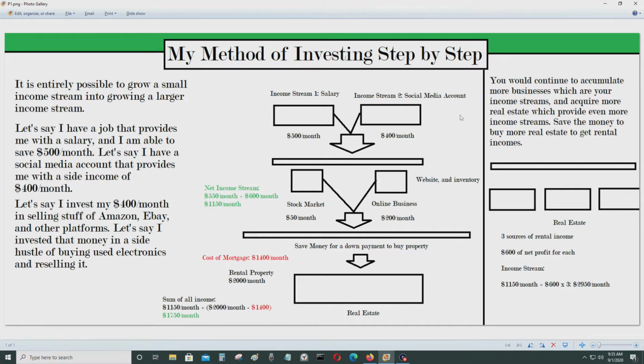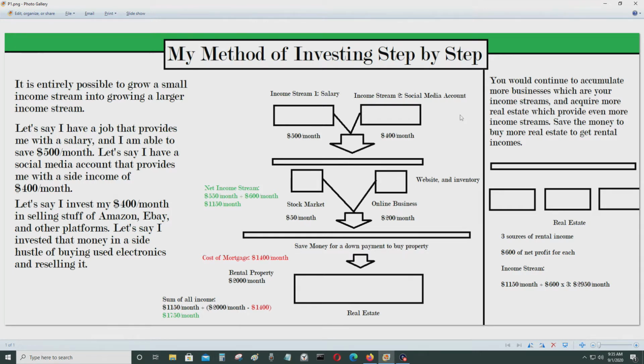So let's say I invest my $400 a month that I get from my social networking account in selling stuff on Amazon, eBay, and other platforms, right? And you can easily create an account on eBay or Amazon and sell stuff there, and on other platforms as well, like Wix or whatever.